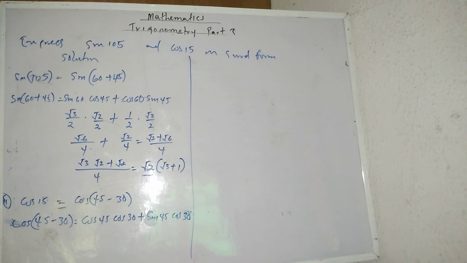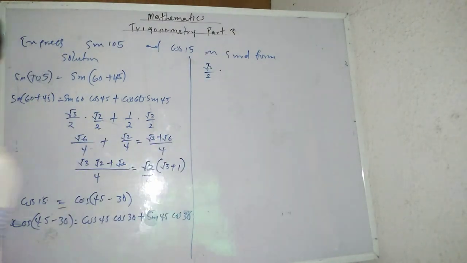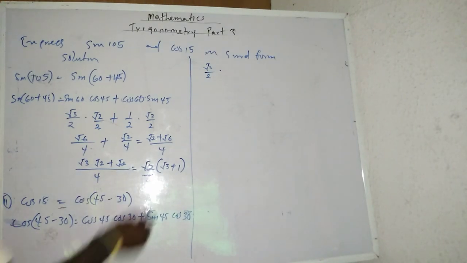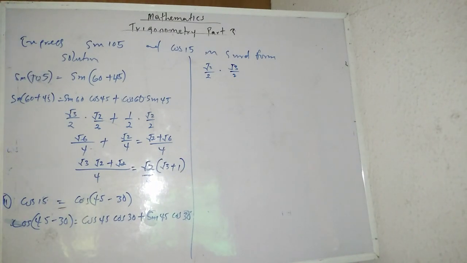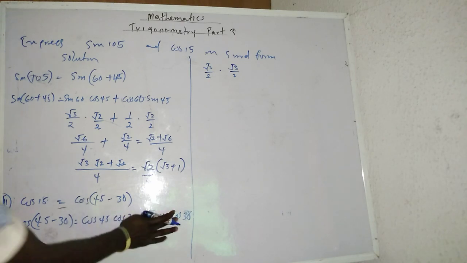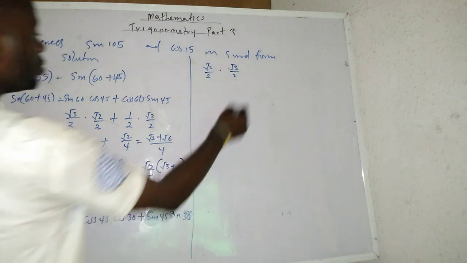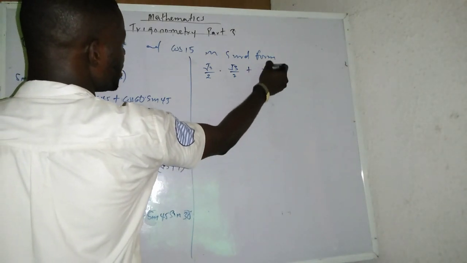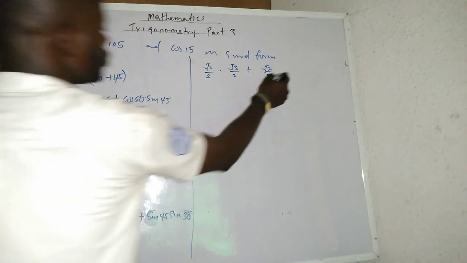Now, since you have this, my cos 45 is root 2 all over 2 multiplied by cos 30, which is root 3 all over 2. Now, sine 45 is root 2 all over 2, and on the other side, sine 30 is 1 all over 2.